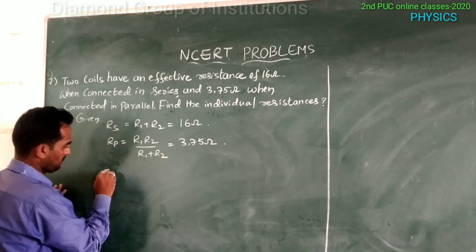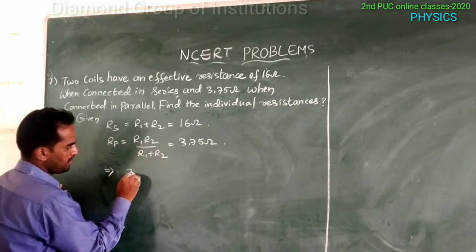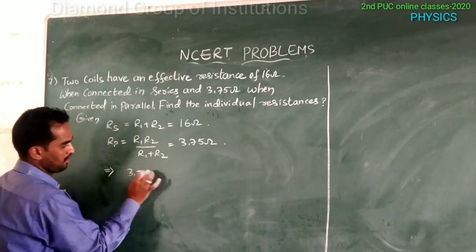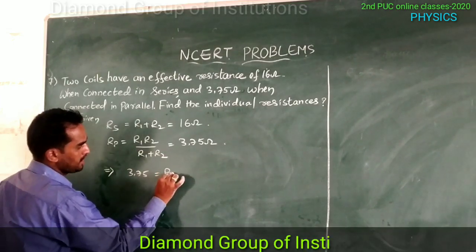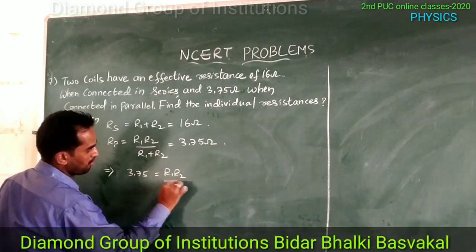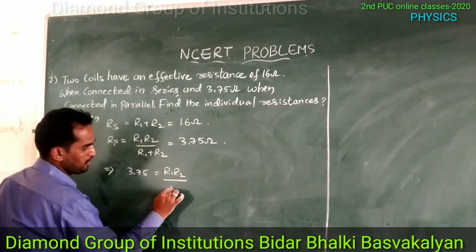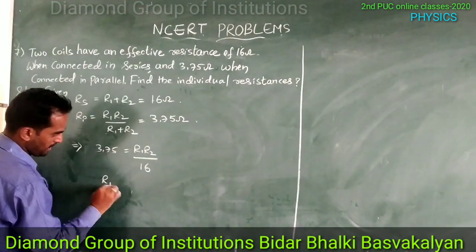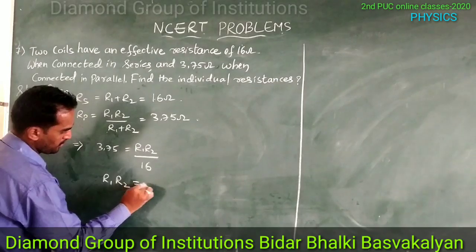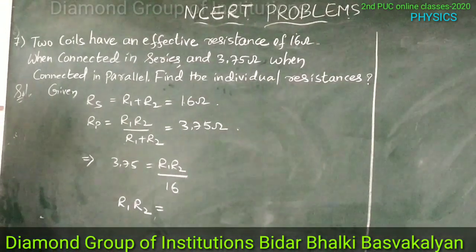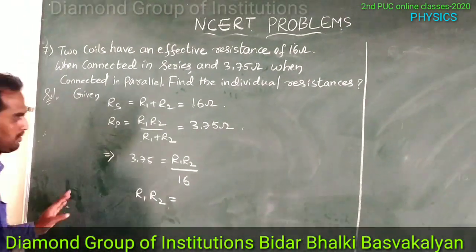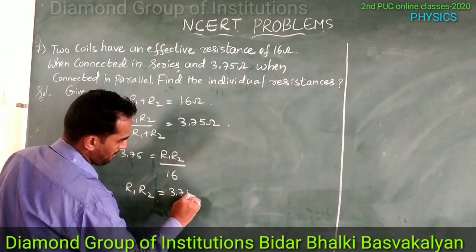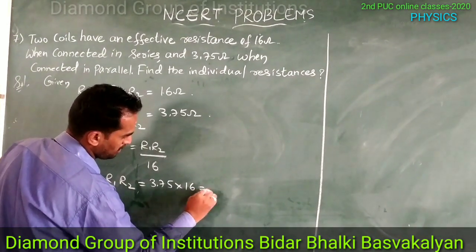That means 3.75 equal to R1 into R2 by R1 plus R2, whose value is 16, implies R1 into R2 equal to 3.75 into 16.